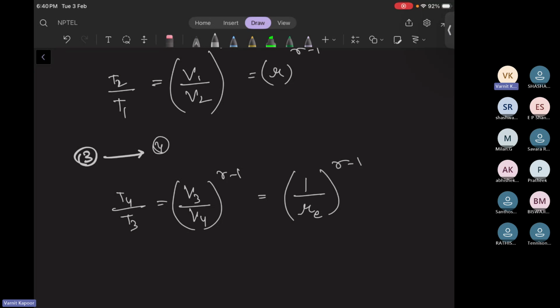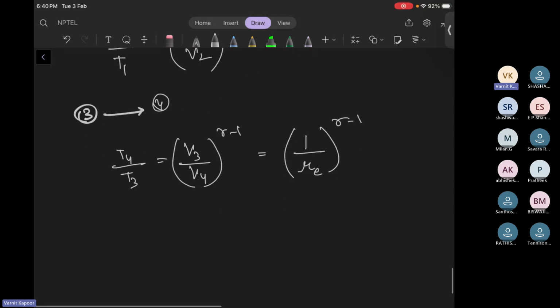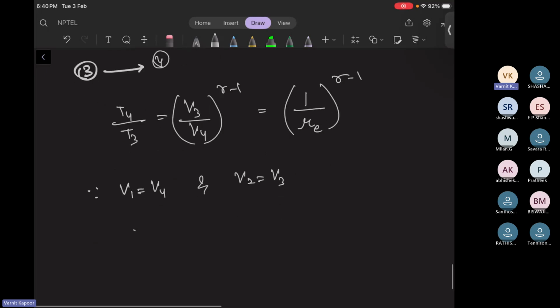But since V1 is equal to V4 and V2 is equal to V3, this implies V3 by V4 is equal to V2 by V1. So this implies r_e is equal to r. Expansion and compression ratios are the same.